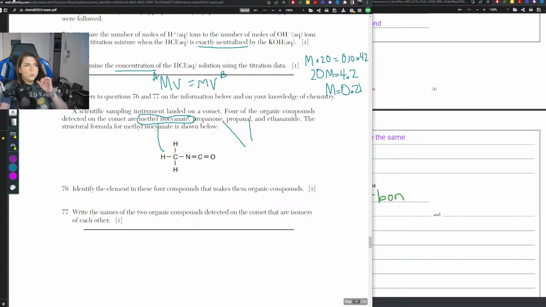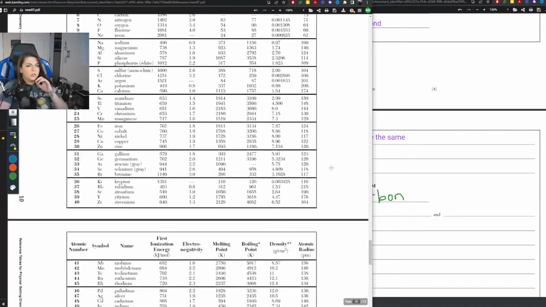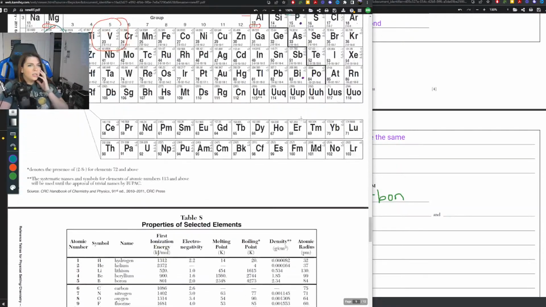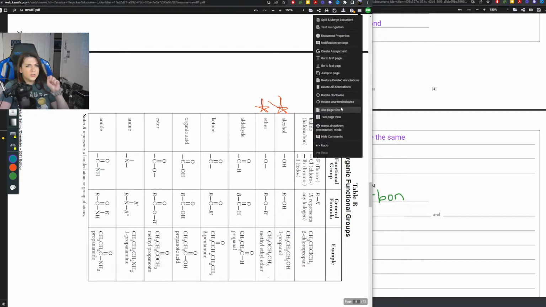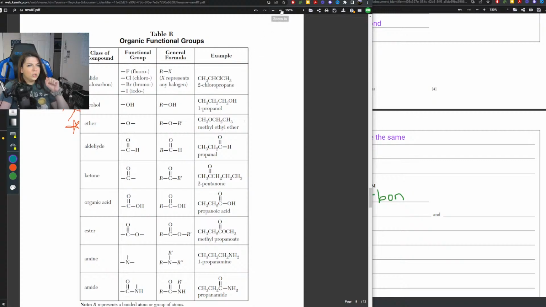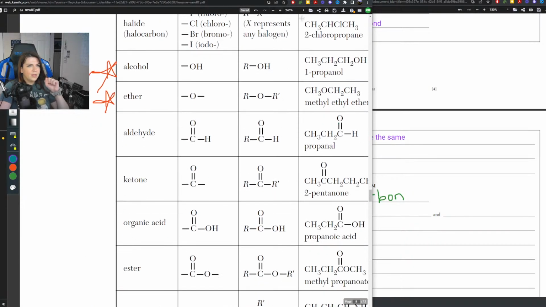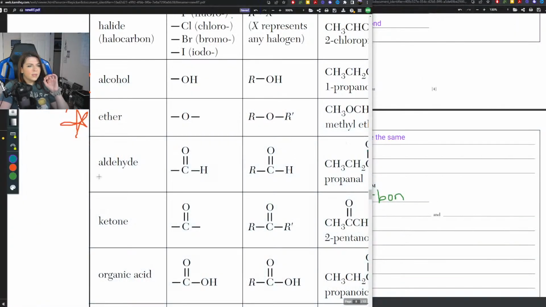And when we are looking at the reference tables, I really hope that your chemistry teacher made the point that aldehydes and ketones are almost the same thing. I want you to look at this very closely. Aldehydes and ketones have only one teeny weeny difference.